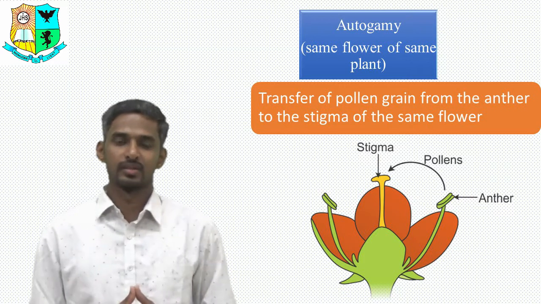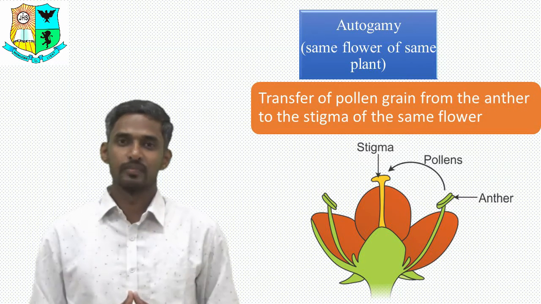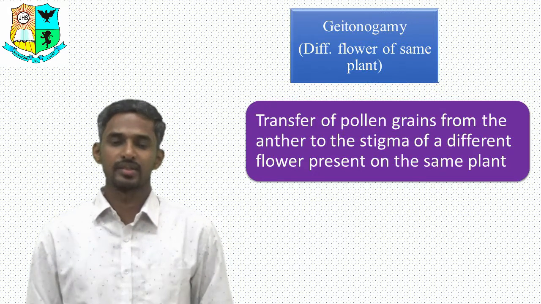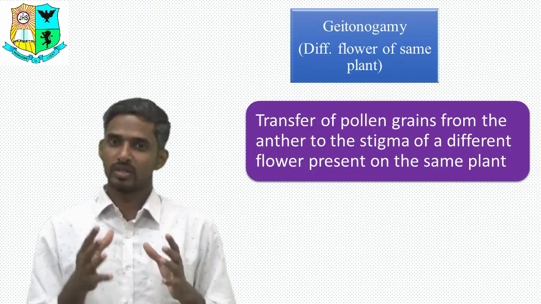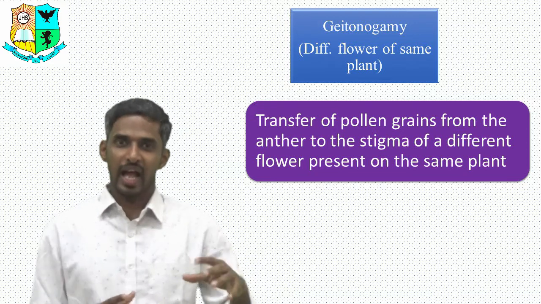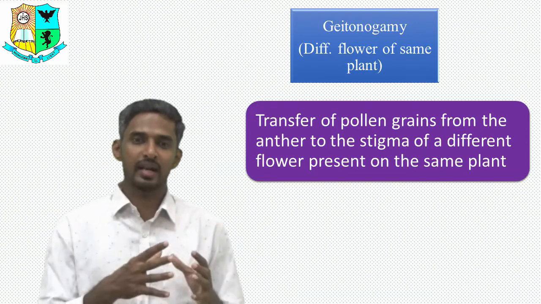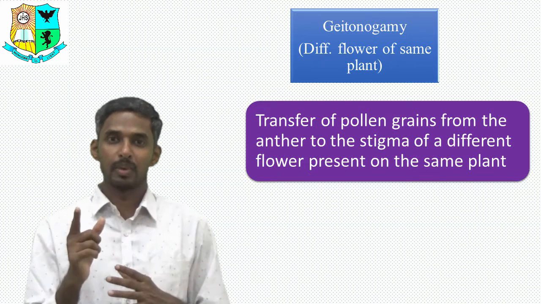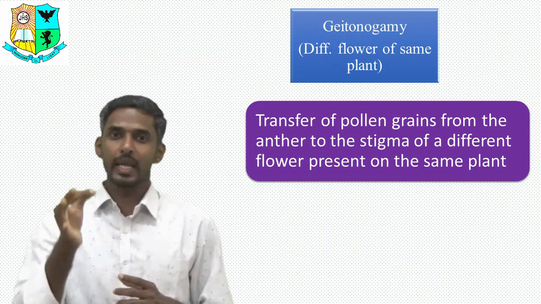Another way is called geitonogamy. That is, anther produces pollen grain in one flower, and these pollen grains are transferred to another flower. But remember, that flower is also on the same plant, not a different plant, but on the same plant.